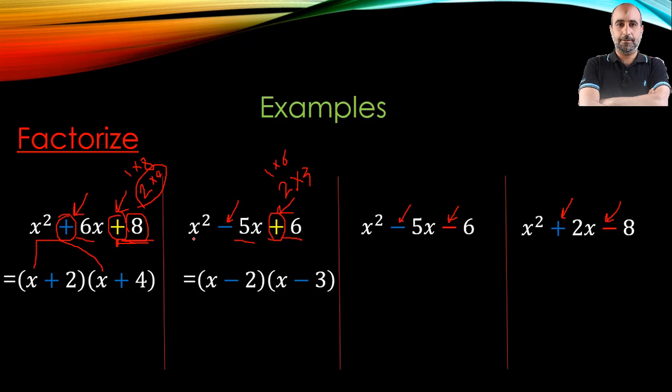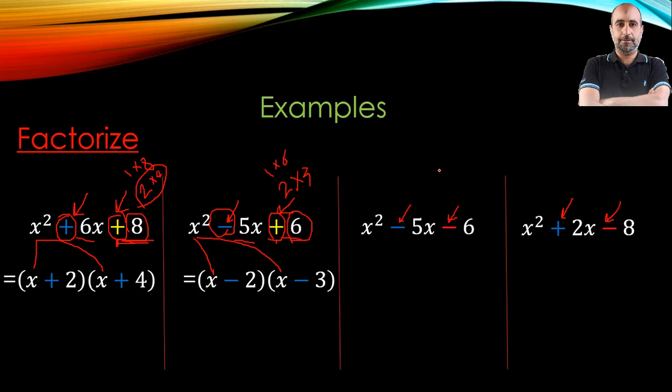We factorize x power 2 into x and x, and 6 into 2 times 3. And because it's addition, the two signs will be the same, and like the middle term, the two signs will be minus.